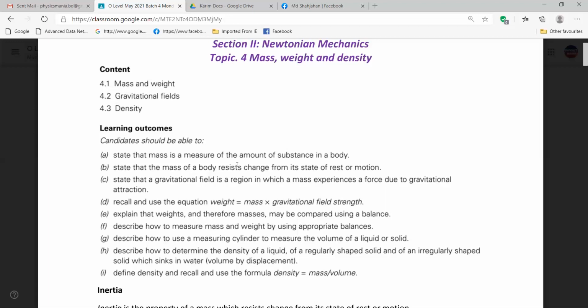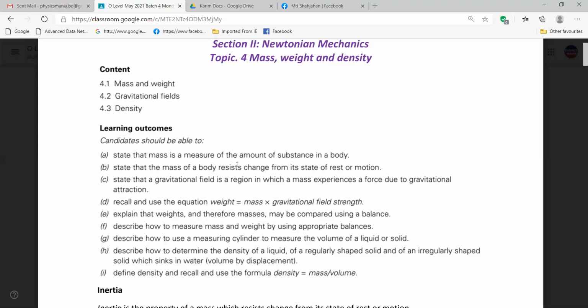Yes, sir. So the object at rest wants to be at rest. The object in motion wants to be in motion. It resists any change of the state it is in. If it is at rest, it resists being in motion. If it is in motion, it resists being stopped, right?